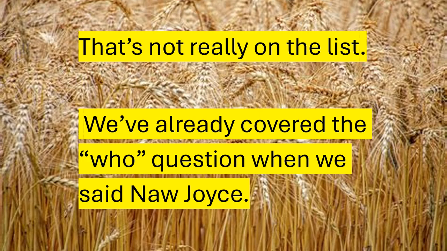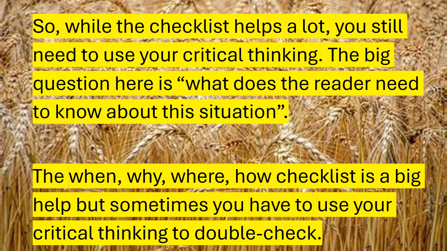We've already covered the who question when we said No Joyce. So while the checklist helps a lot, you still need to use your critical thinking. The big question here is, what does the reader need to know about this situation? And the why, when, where, how checklist is a big help, but sometimes you have to use your critical thinking to double check.